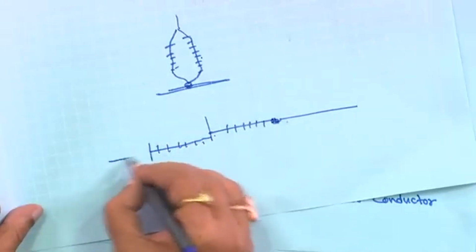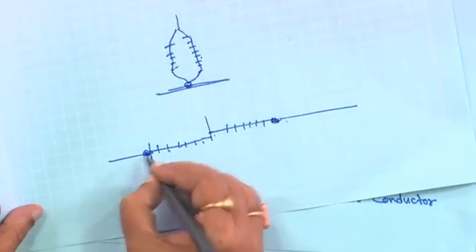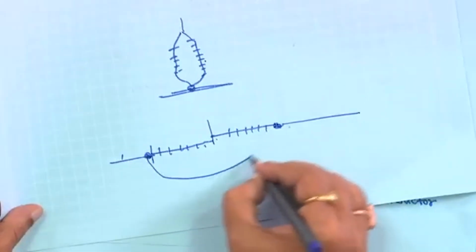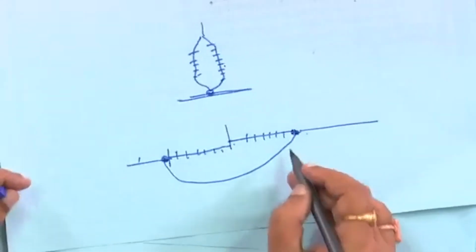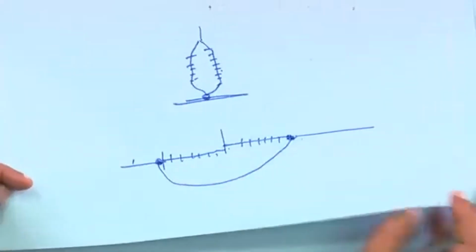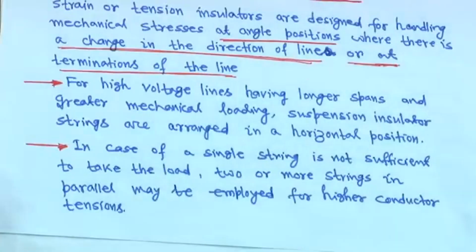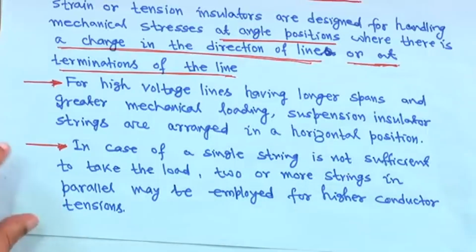This is the conductor, but these two have to be connected. If a single string is not sufficient to take the load, 2 or more strings, I just showed you how it should be connected. That is only the connection of the insulators.